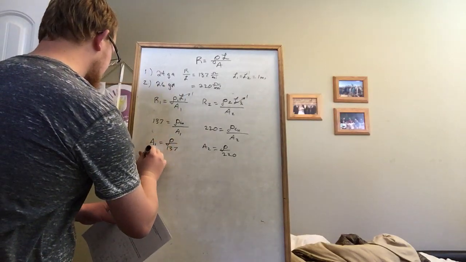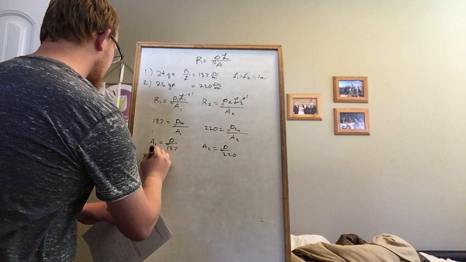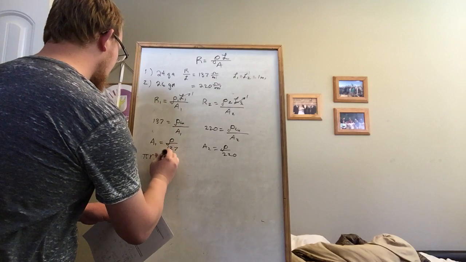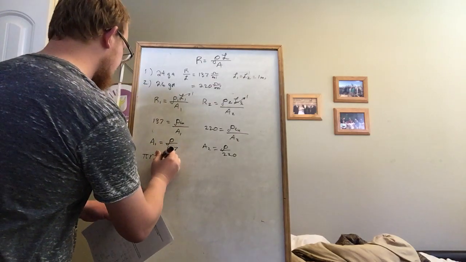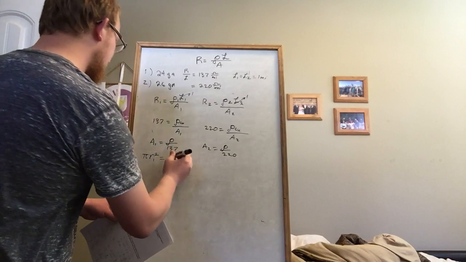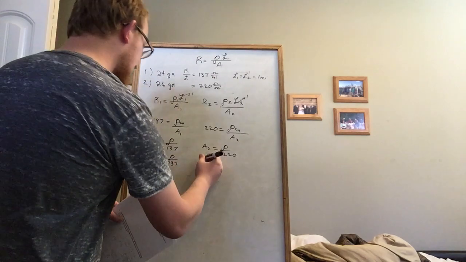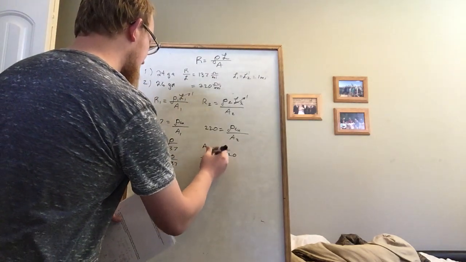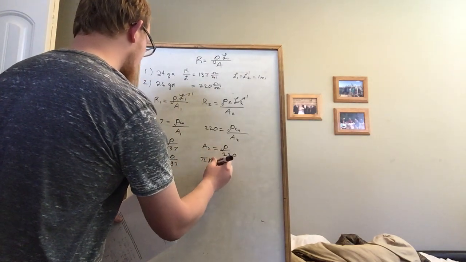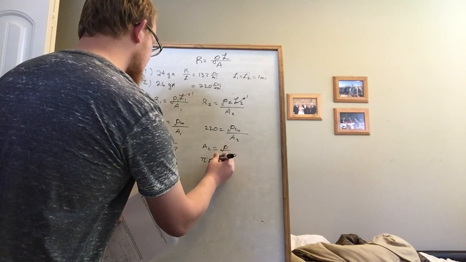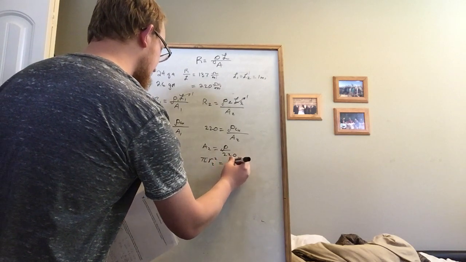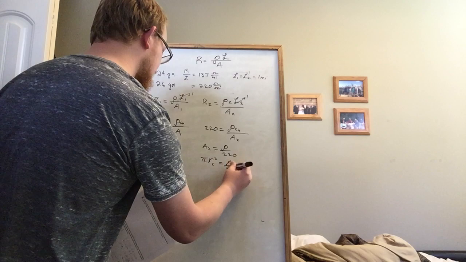So we can write this as pi R1 squared, the area of the cross-section of wire 1, is equal to rho over 137. And likewise over here, the cross-sectional area of wire 2, pi R2 squared, is equal to rho over 220.